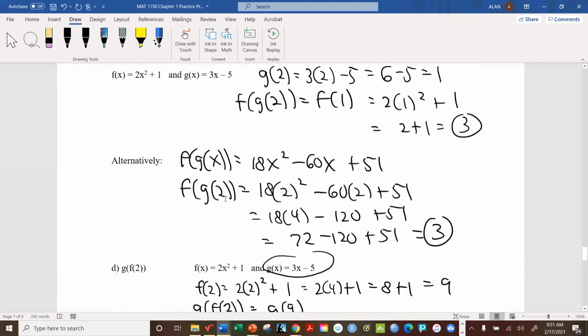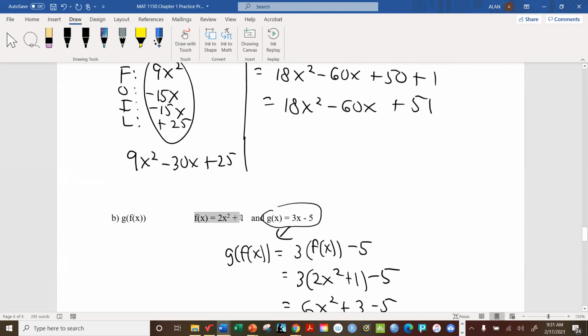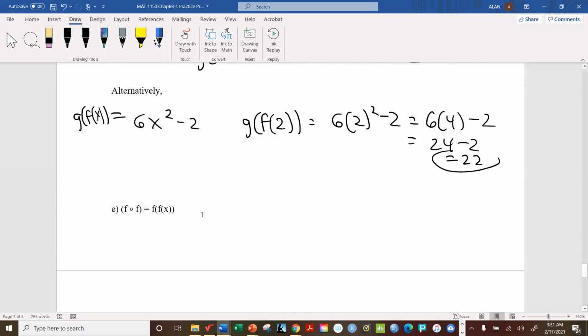So remember what f of x means. 2x squared plus 1. So basically, all the x's are replaced with f of x.